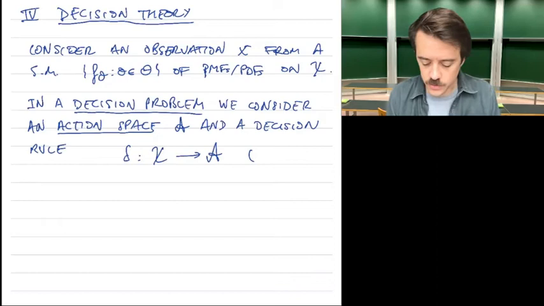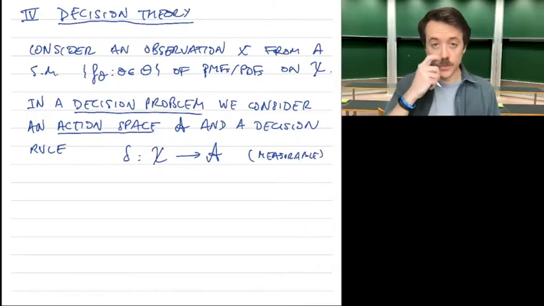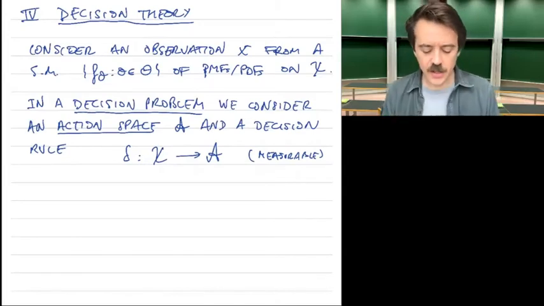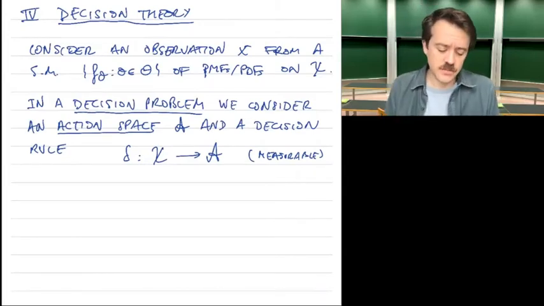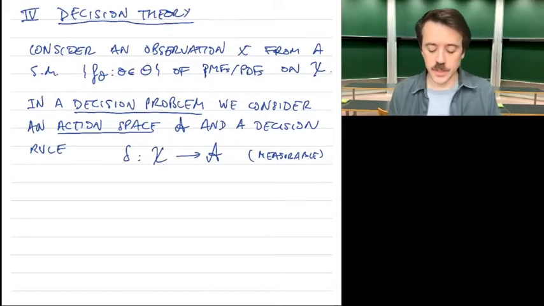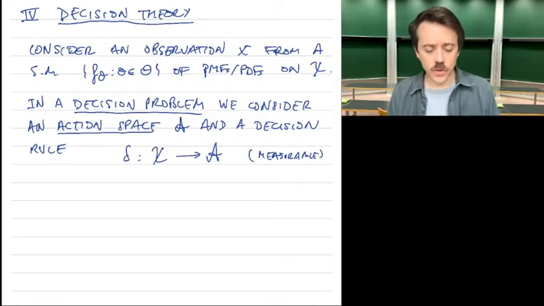The reason why I don't want to go into details of this is because, for measurability, of course, we need sigma algebras, but this calligraphic A, or action space, is abstract to start with. So we could just equip it with a sigma algebra, but we're not really concerned with these things in this course.